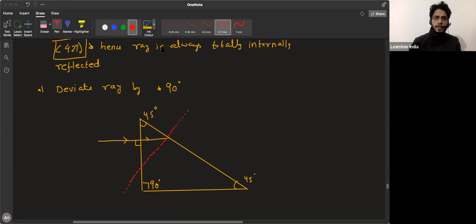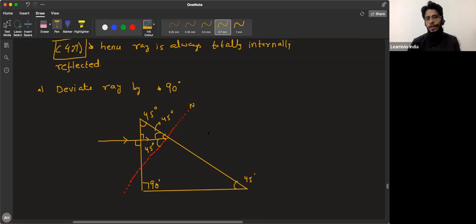So Faisal, can you decide how much is this angle? This one. This is 45. This is 90, Faisal. How much is this angle? So 45. And this whole is 90-degree. This is normal. Then how much is this angle? 45. For glass, critical angle is 42-degree. So what will happen here?